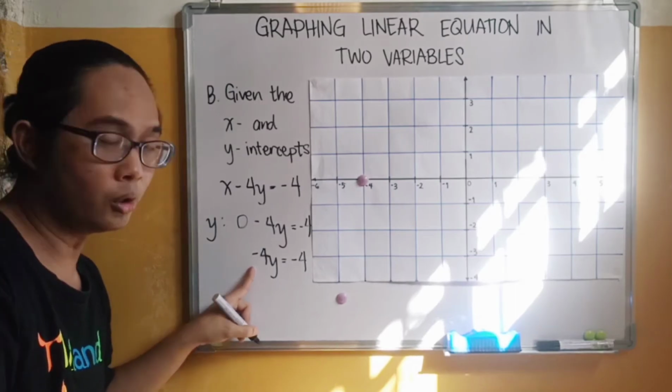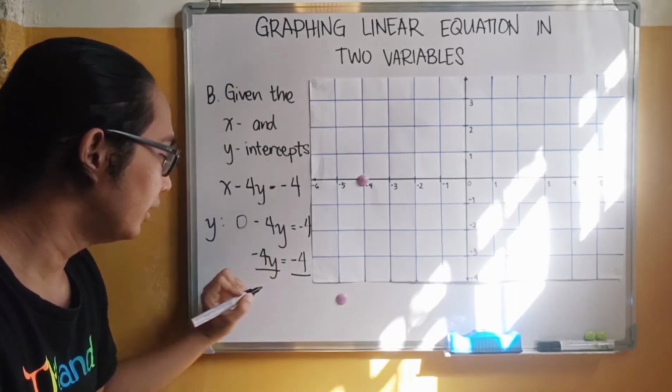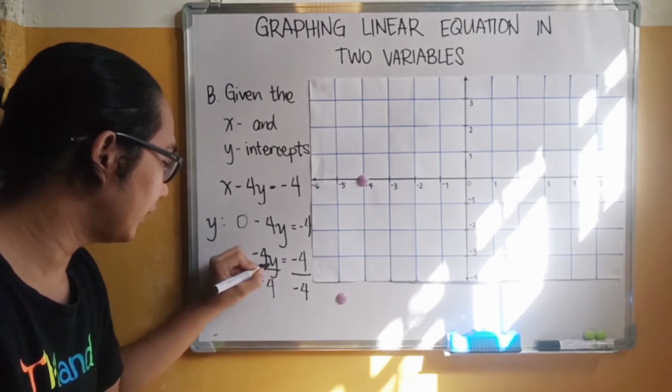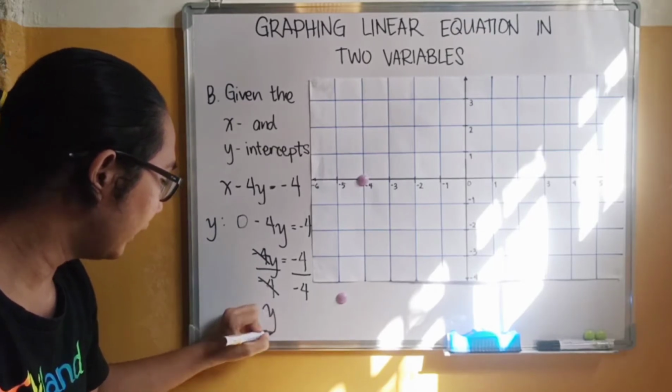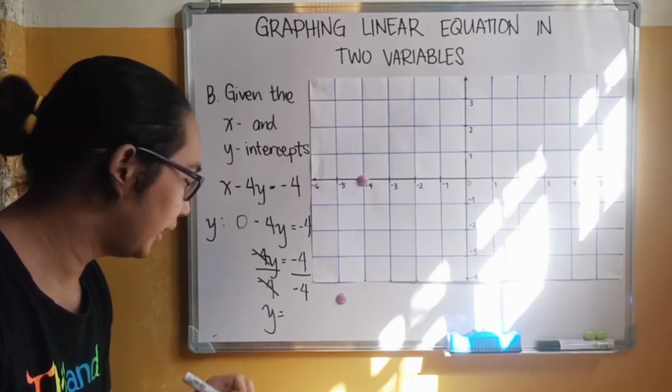And in order to know the value of y, we must divide both sides of our equation by negative 4 for us to eliminate negative 4. We have now y equals negative 4 divided by negative 4 is positive 1.